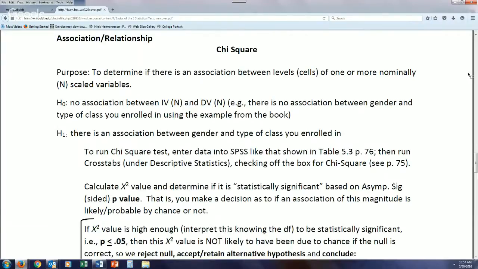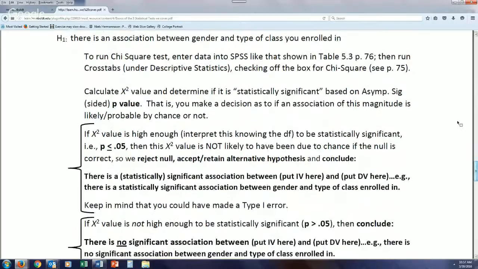So we run the chi-square test by entering the data into SPSS as shown on page 76. We then hit crosstabs in SPSS. It's under the descriptive statistics options. And what we see is that we're going to end up with a chi-square value. SPSS will determine the p-value.